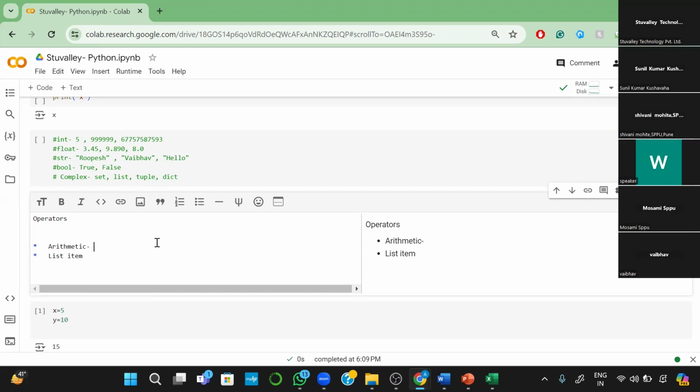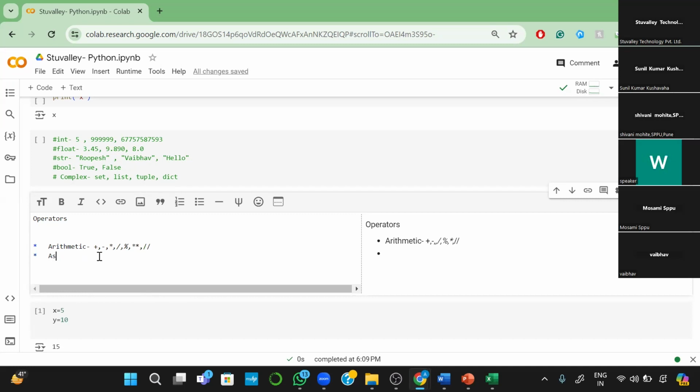In arithmetic operators, we have different operators like addition, subtraction, multiplication, division, and then there is modulo. I'll explain what modulo is if you don't know it. Then there is the exponential operator, that is star star. Then there is floor division. I'll explain floor division as well. So these are the operators we have in arithmetic operators.